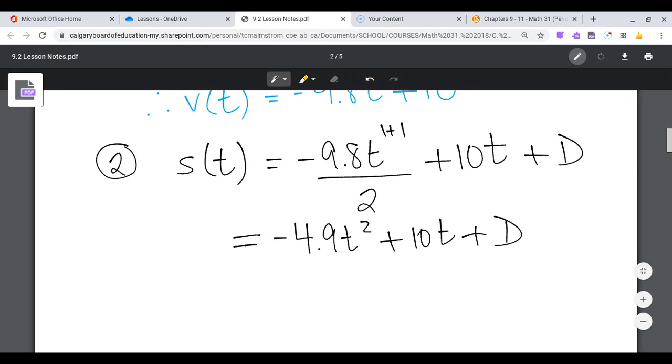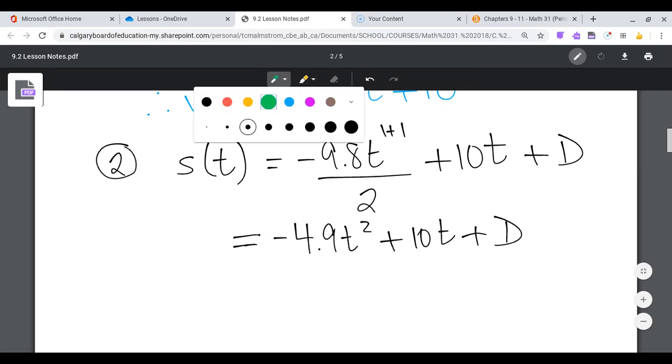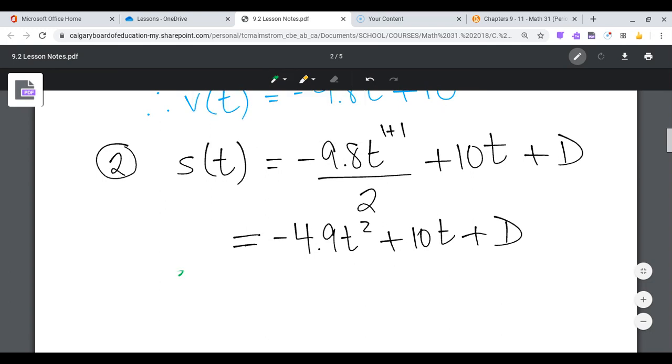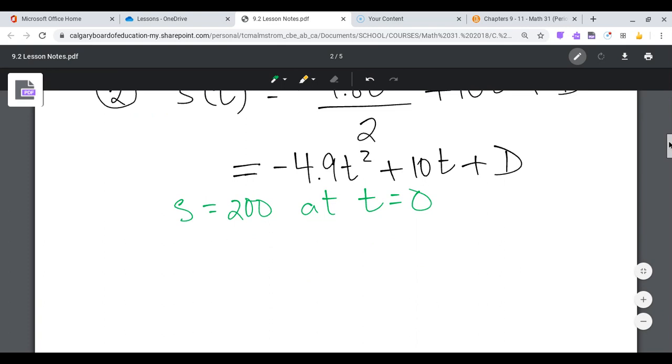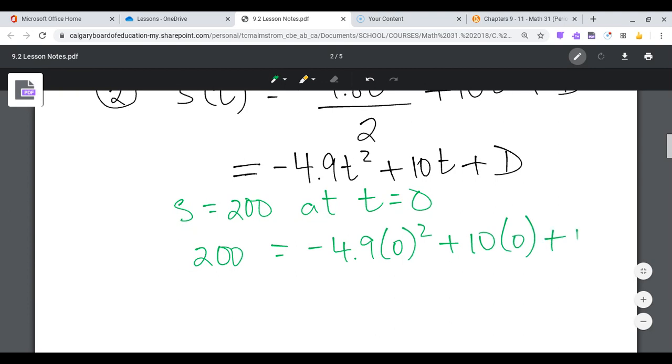Okay, and then what do we know about this? We know that s is equal to 200 at time 0. And so d, hopefully you can see, is obviously 200, but let's substitute it in. So 200 is equal to negative 4.9 times 0 squared plus 10 times 0 plus d.